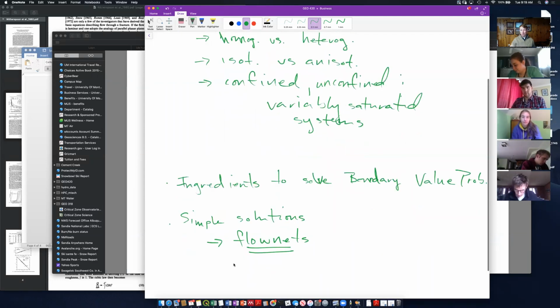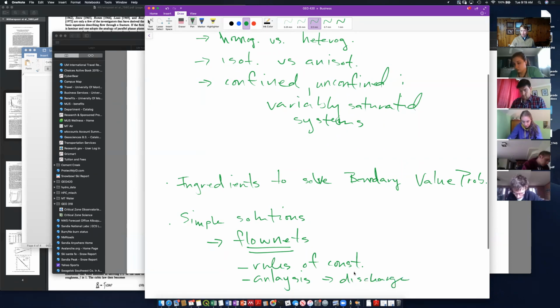Understand the rules of flow nets, the rules of construction, and how we analyze them to get things like discharge or head.